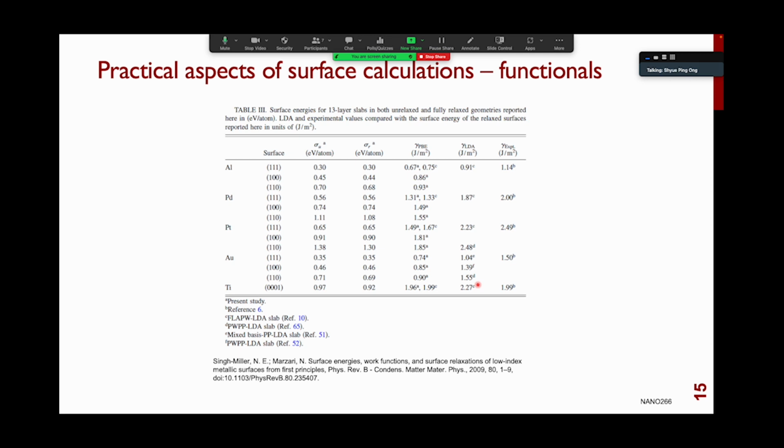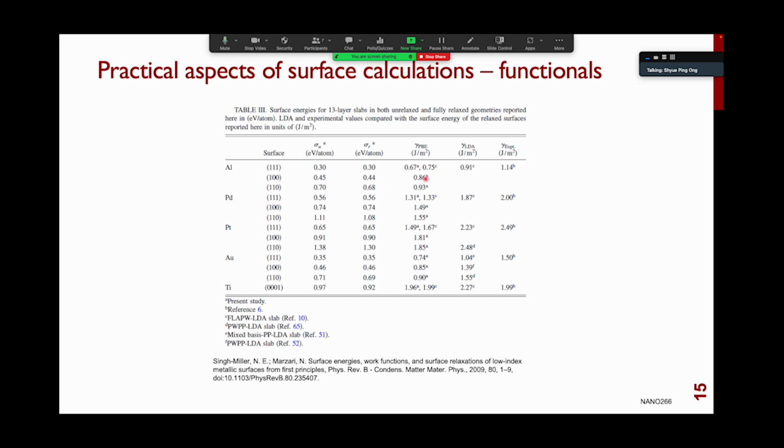Another practical aspect of surface calculations is the choice of functionals. It turns out that this is one of those instances where the PBE functional does not always outperform the LDA functional. This table shows you the different surface energies of different metals, and you are actually going to be working with aluminum 111, 100, and 110.